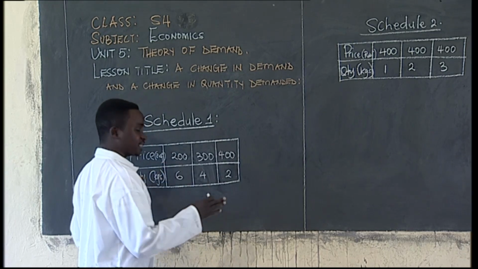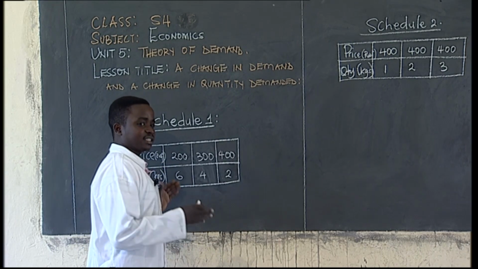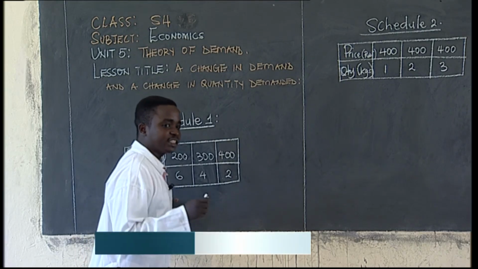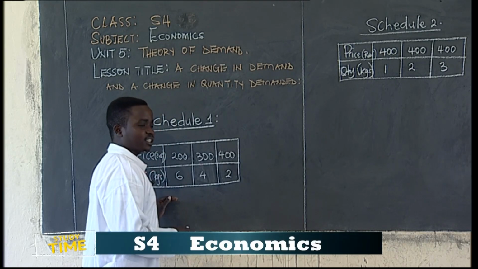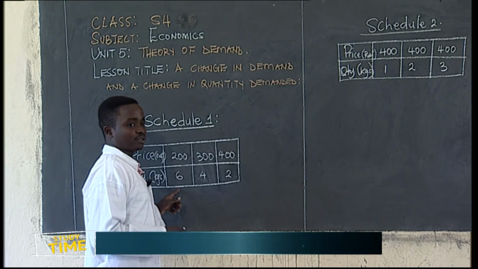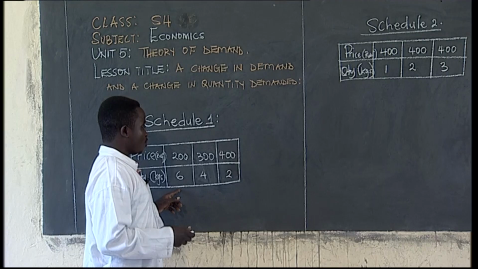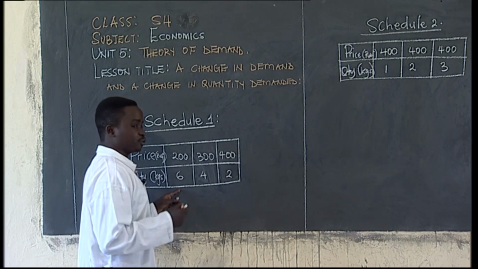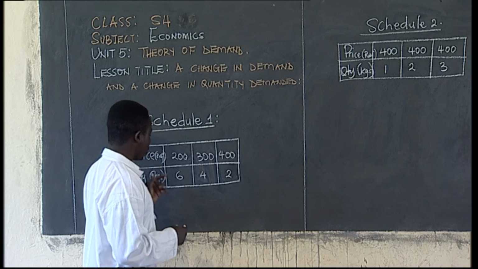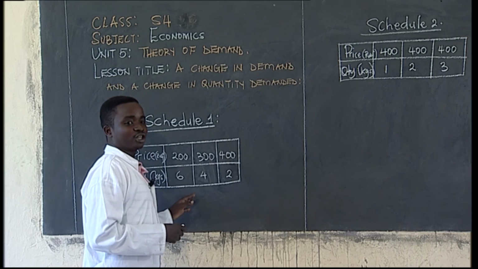Other factors that influence demand here, we assume them constant, not changing. What changes is only one variable, one factor, which is the price of that commodity. So in this case, one factor is put under investigation, is under study, while other factors are kept constant.